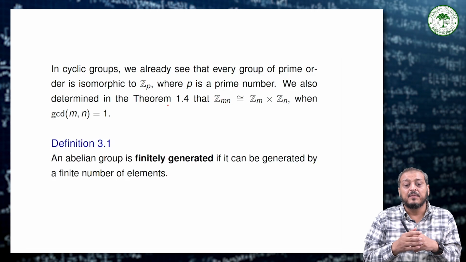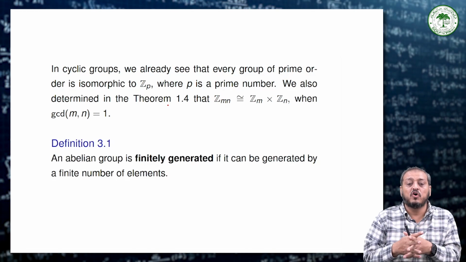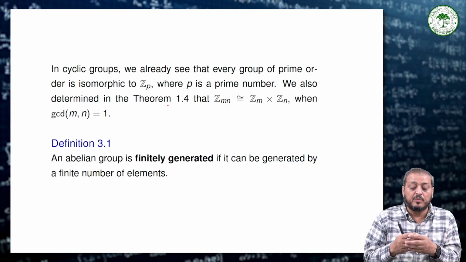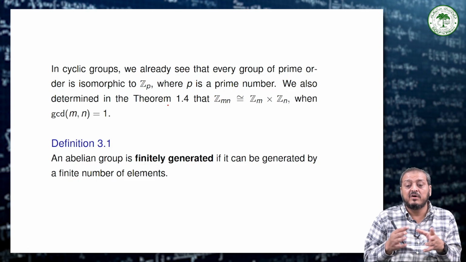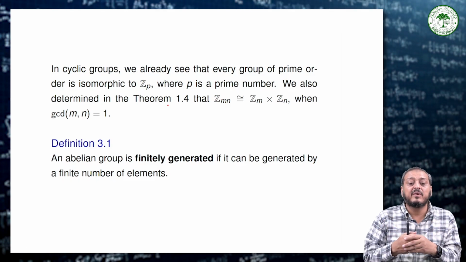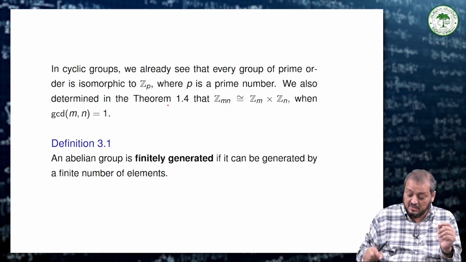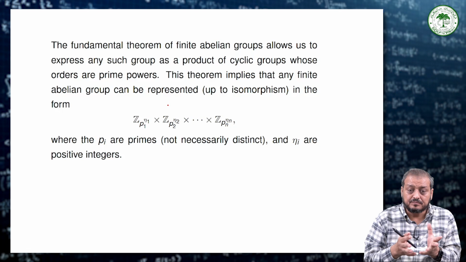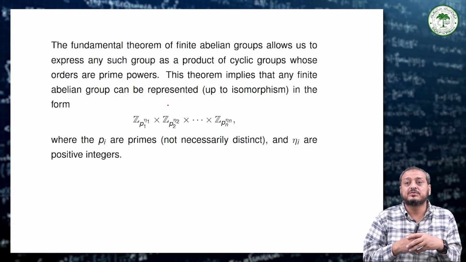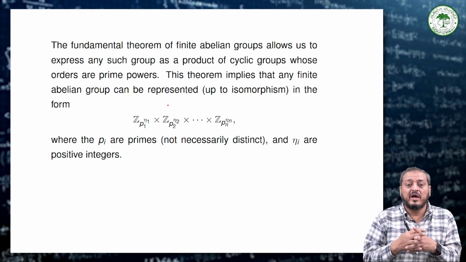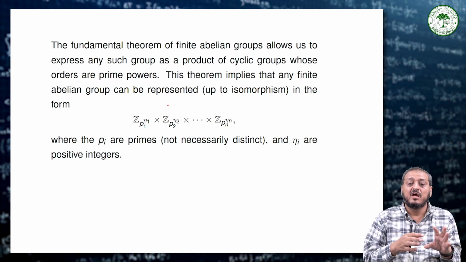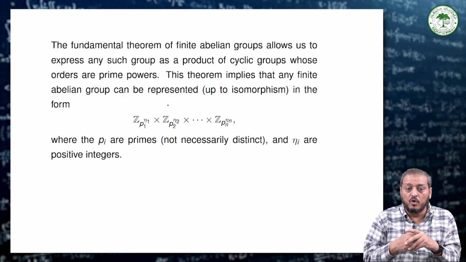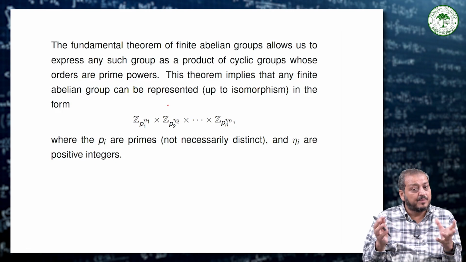So we can simply define in this form: an abelian group is finitely generated if it can be generated by a finite number of elements. Now the fundamental theorem of finite abelian groups allows us to express any such group as a product of cyclic groups whose orders are prime powers.